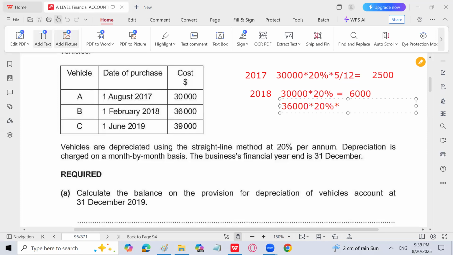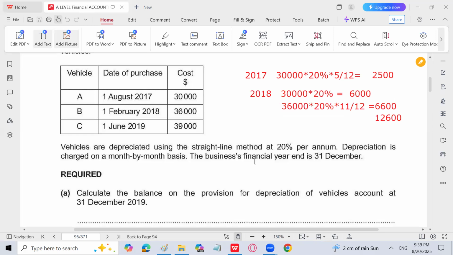So February, March, April, May, June, July, August, September, October, November, December, 11 over 12. Only 1 month is missed. Because it is on a month-to-month basis, we need to calculate depreciation for 2018 on a monthly basis, which is 11 over 12. That gives 6,600. So the total depreciation for 2018 is 12,600.